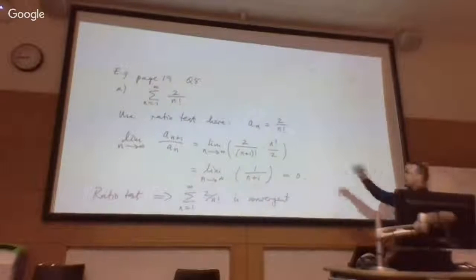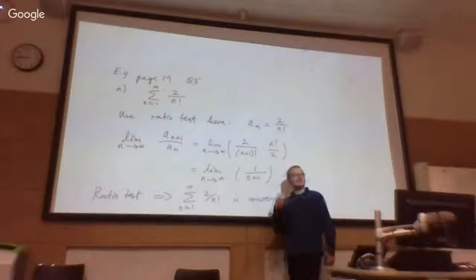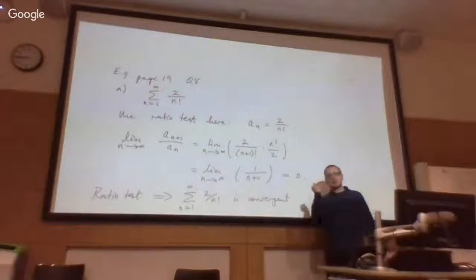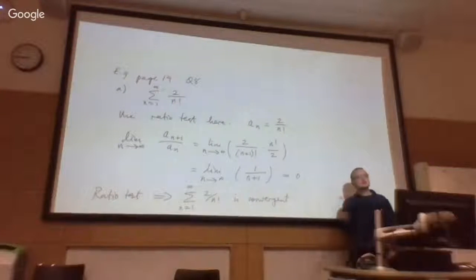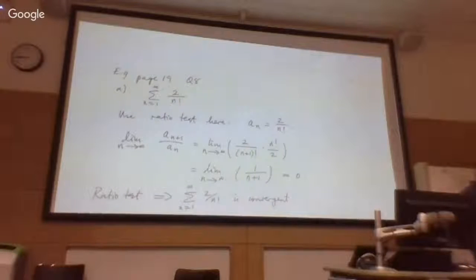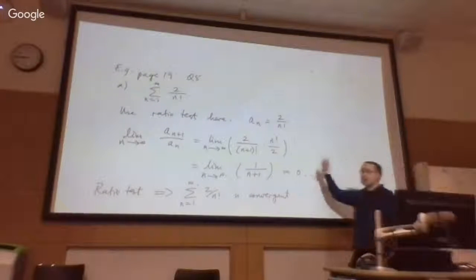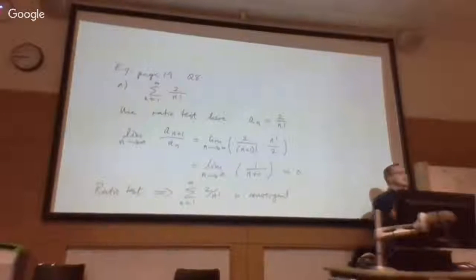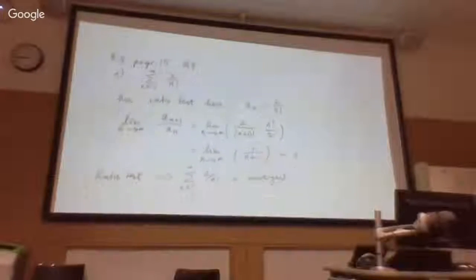Because this limit of the ratio is converging to 0, so eventually this series is behaving like a geometric series where the common ratio r is extremely small, effectively 0. That would be a convergent geometric series. So if our series is behaving approximately like that, it will also be convergent as well.